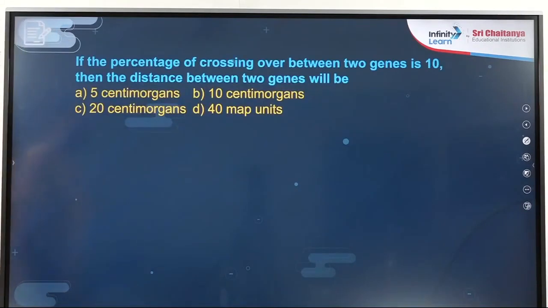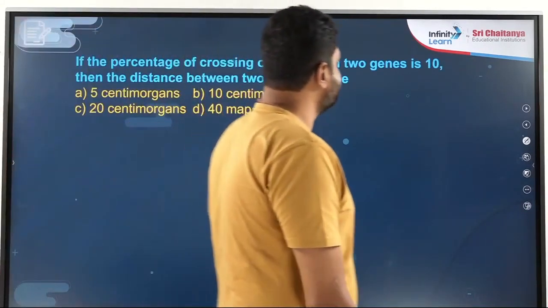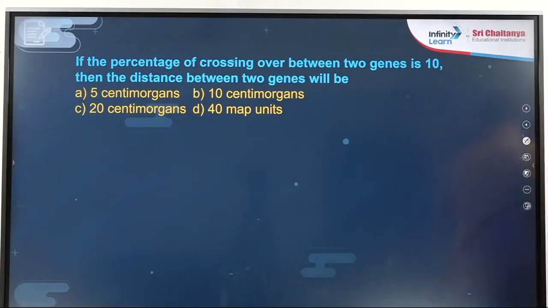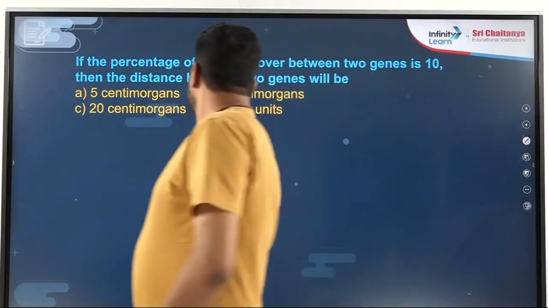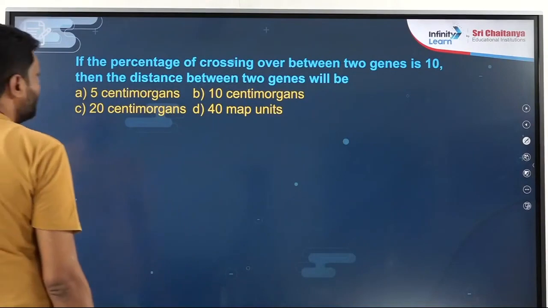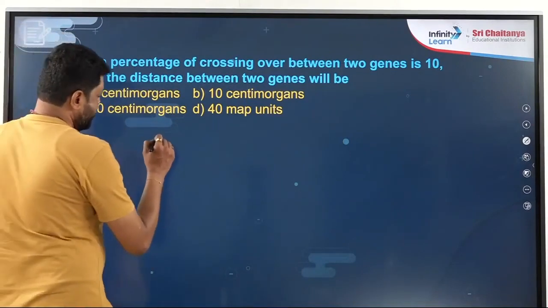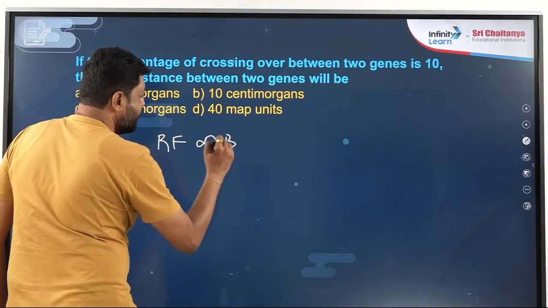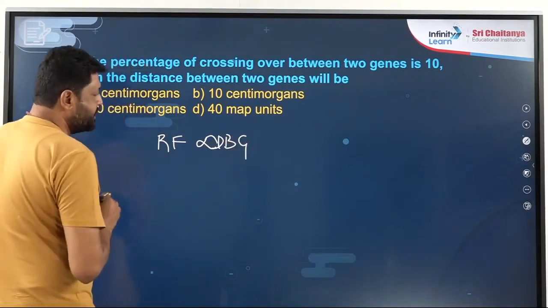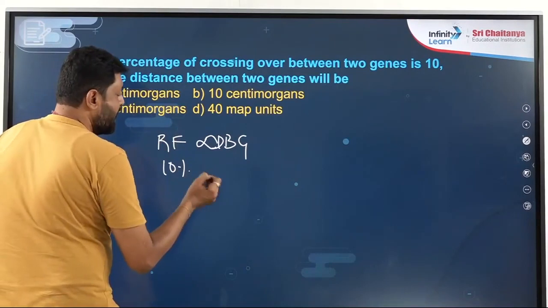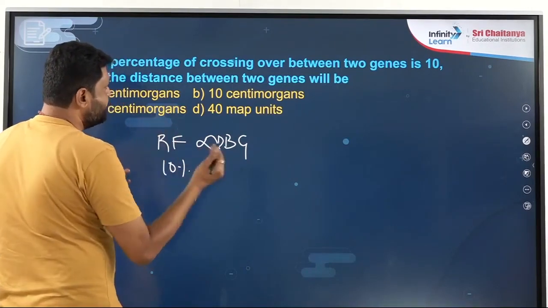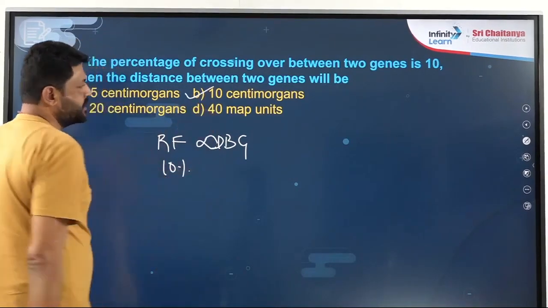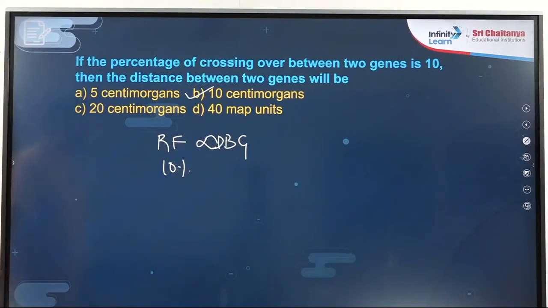If the percentage of crossing over between 2 genes is 10, then the distance between them will be, as I told you already, recombination frequency is directly proportional to the distance between genes. So 10% means the distance between the 2 genes is 10 centimorgans.